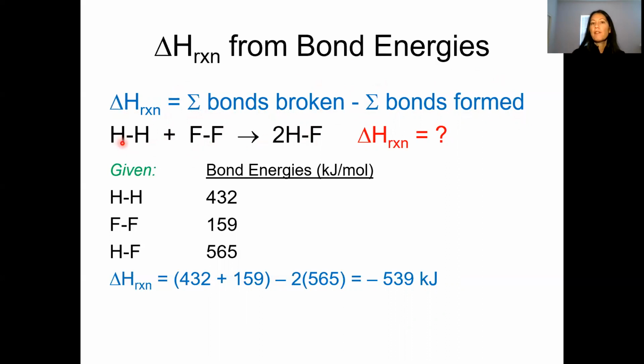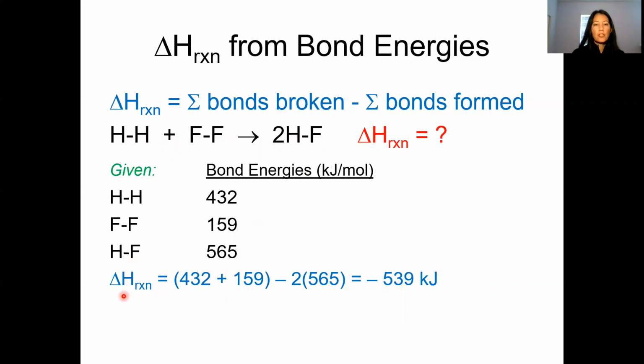Sometimes I might give you a picture of a molecule and you might have to count how many bonds are in there and how many of those molecules. Here I'm forming two HFs. I'm breaking an H bond and a fluorine bond and forming two HF bonds. If I use this equation and these given energies, let me just show you how to do this. If you want, you could pause and try it.